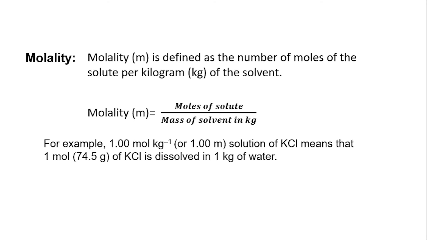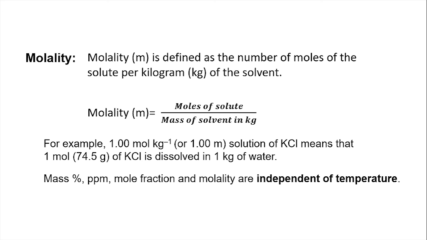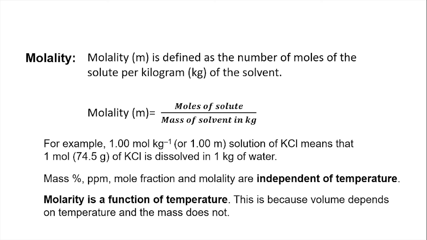It is to be noted that mass percentage, ppm, mole fraction and molality are independent of temperature, whereas molarity is a function of temperature. This is because volume depends on temperature and mass does not.